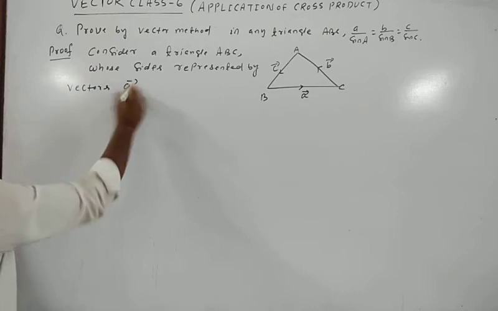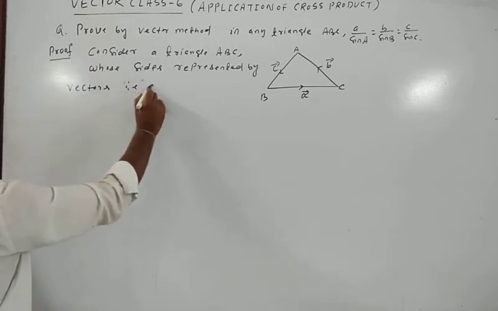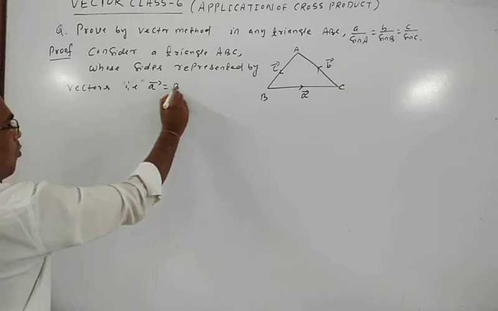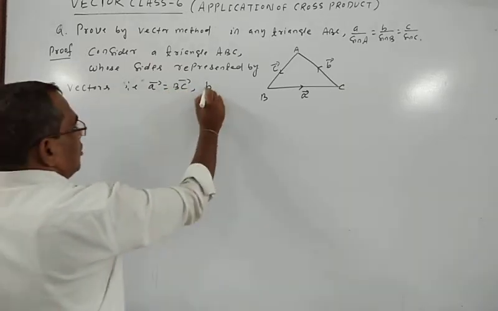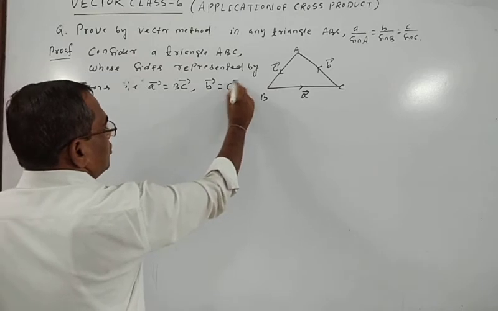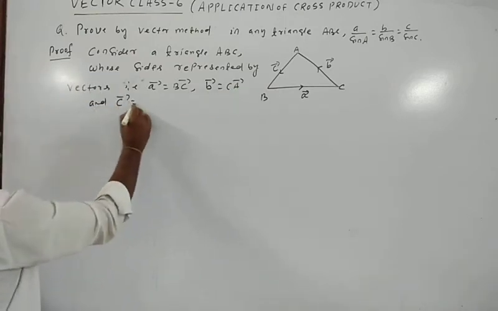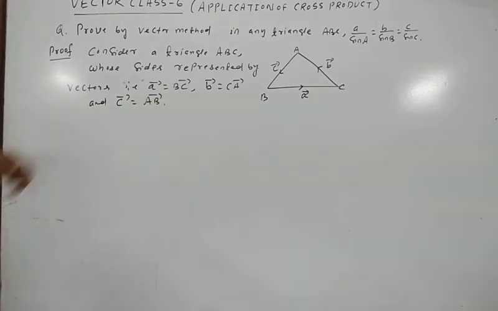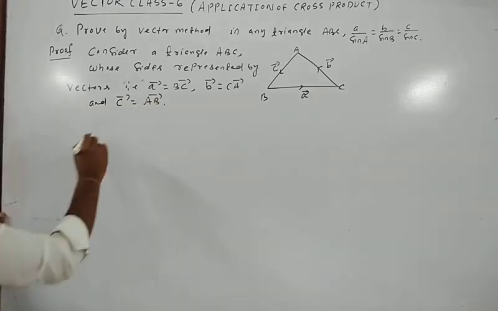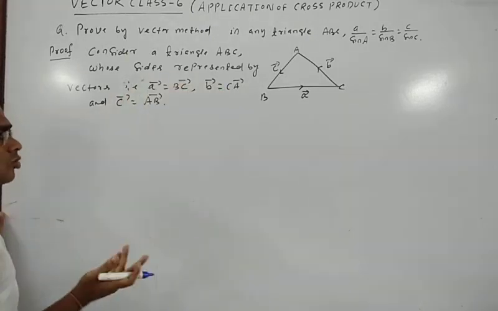A vector is equal to BC vector, b vector is equal to CA vector, and c vector is equal to AB vector. Since all sides are taken in the same order, a vector plus b vector plus c vector is equal to 0 vector.